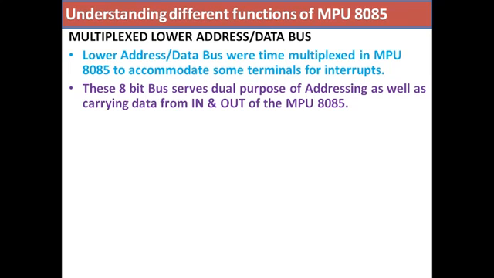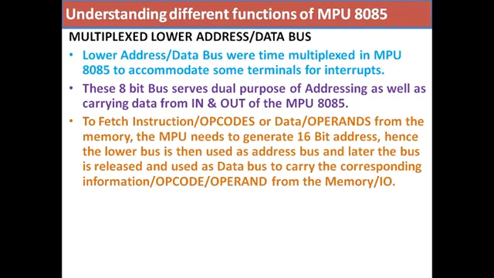Okay, this 8-bit bus serves dual purpose. One can be used for addressing, the other for carrying data both in and out of the MPU 8085. Now, to fetch instructions, that is the operational codes or operands from the memory, the MPU needs to generate a 16-bit address. Since the upper address bus A15 to A8 is dedicated for addressing, the signal only comes out of those address lines.